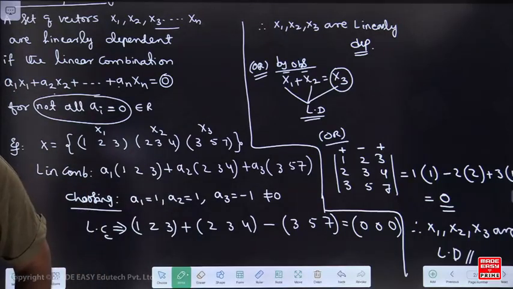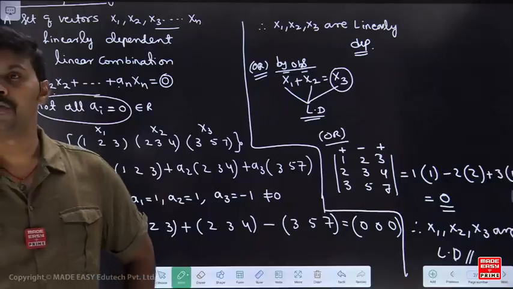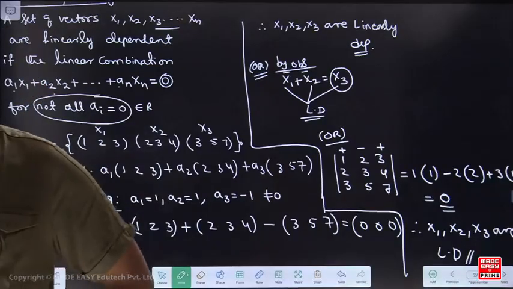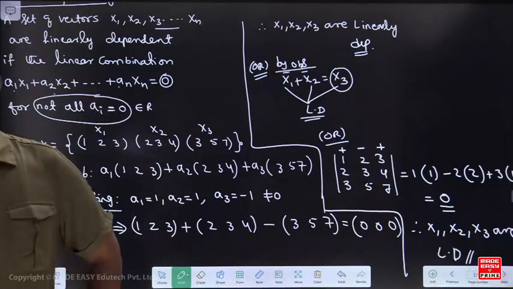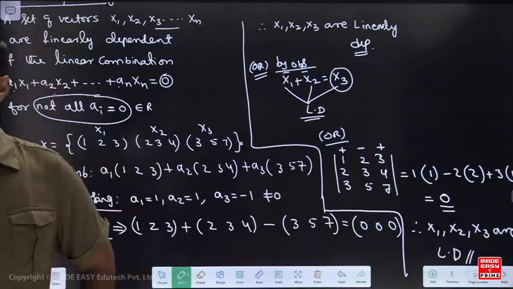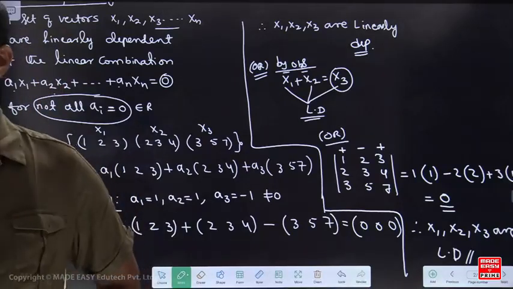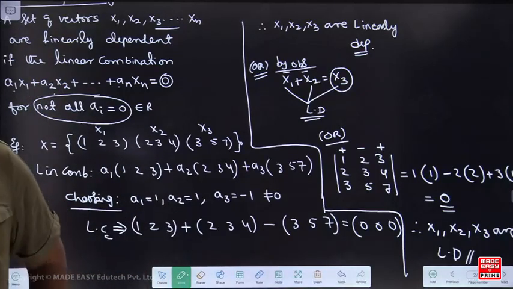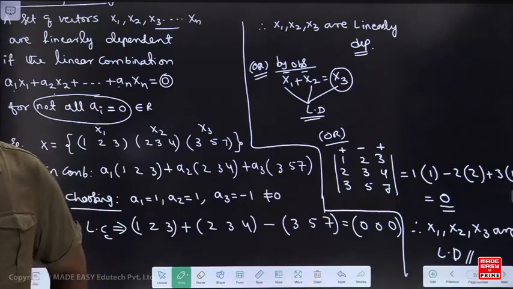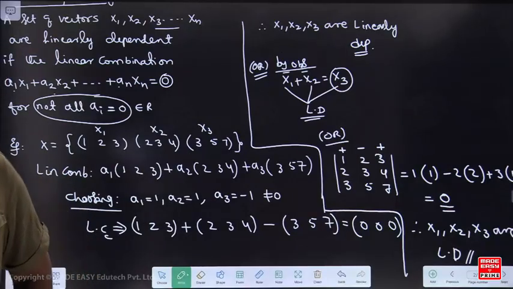It may be anything here. Okay. Sandeep, wait for the rank of the matrix concept. Yes, number of independent vectors, correct.